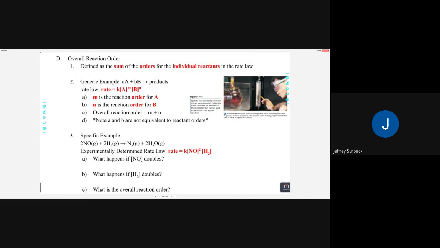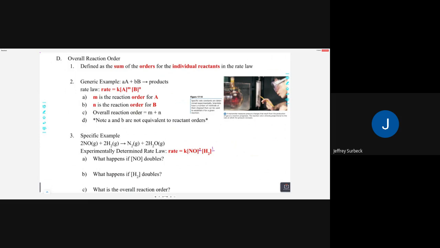Okay, so I'm actually going to start out with question C down here, and we'll go through this. In question C, it says, what is the overall reaction order? And so all we need to do is look back at those exponents. And so we have a 2 for NO, and it's not written, but again, in chemistry, if it's not written, generally we're going to assume that there's a 1.